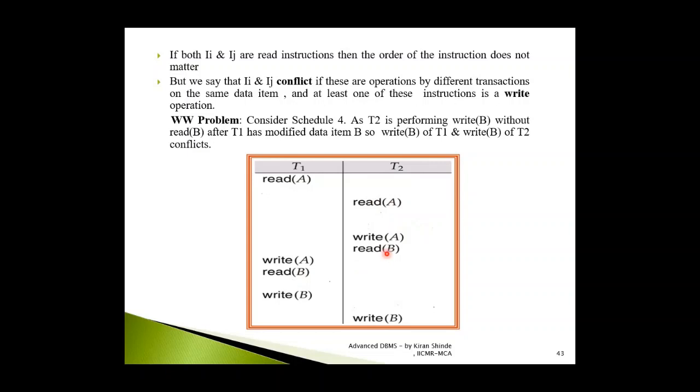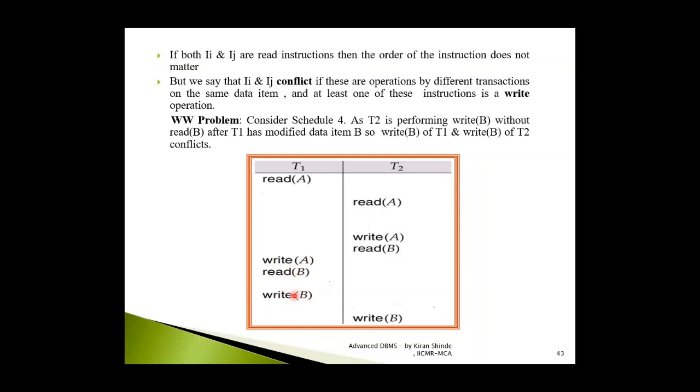Then it reads the initial value of data item B. After this, T1 resumes with its leftover part and modifies data item A, which was already modified by transaction T2. After that, it reads the value of data item B, and then modifies data item B.